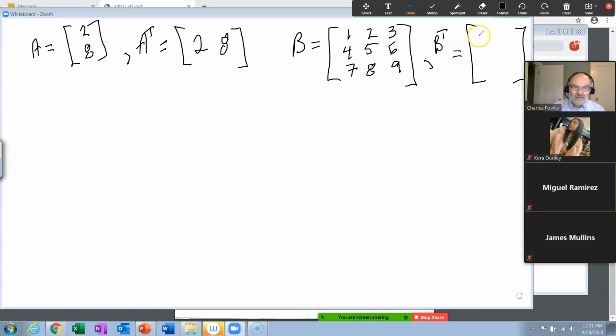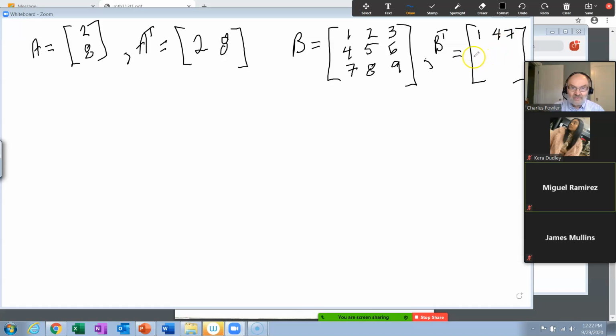Are y'all with me or not? Yes, sir. Okay, what's the first entry here? 1. Only thing that changes is that what was the first column is now the first row. So this will be 1, 4, 7.